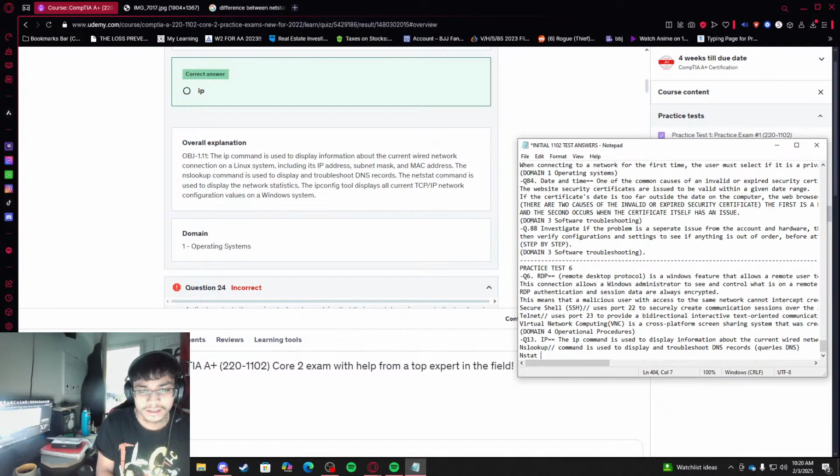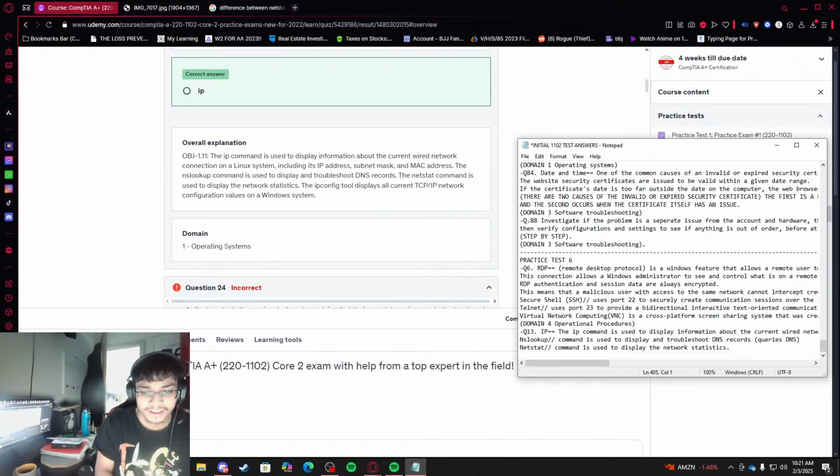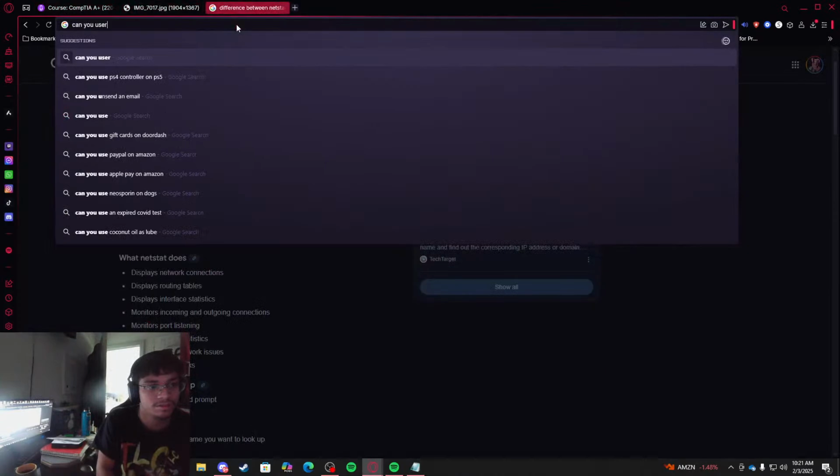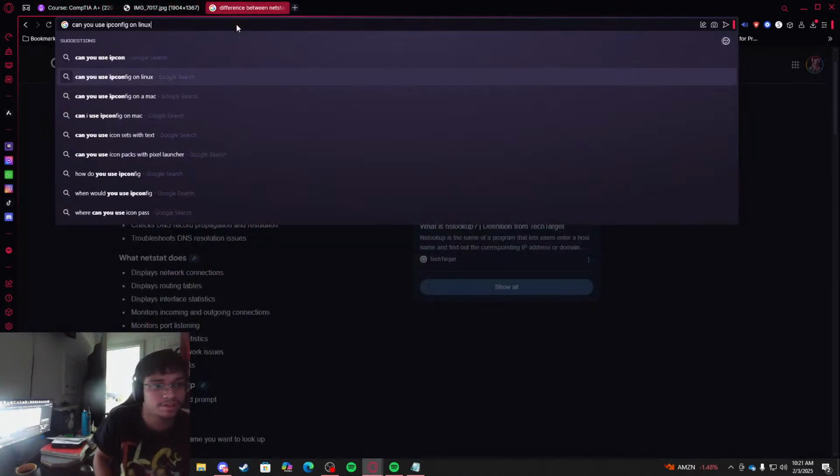Netstat is used to display the network statistics. Okay. IP config. Hold on, that's a good question. Can you use IP config on Linux?